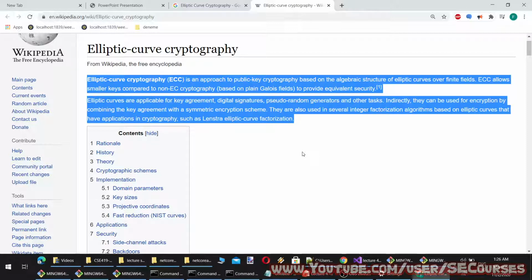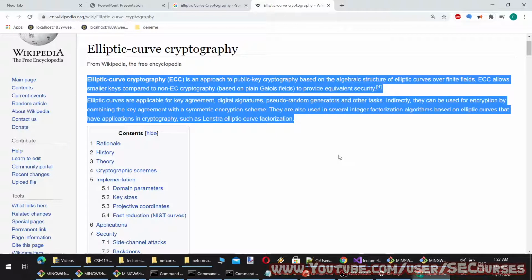Elliptic curve cryptography (ECC) is an approach to public key cryptography based on the algebraic structure of elliptic curves over finite fields. ECC allows smaller keys compared to non-EC cryptography based on plain Galois fields to provide equivalent security.